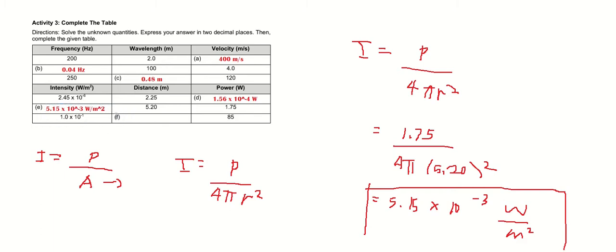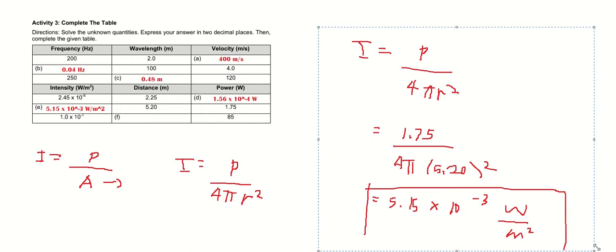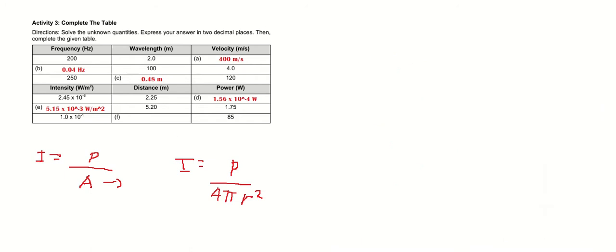Ayan. So, ngayon, ang kailangan naman natin ngayon na isolve, last na lang, is yung letter F. So, dito, pinapahanap sa atin yung distance o yung R, yung radius. So, ngayon, clear tayo ulit ng space para mapakita ko yung pag-derive ng formula doon. So, balik tayo sa basic formula.